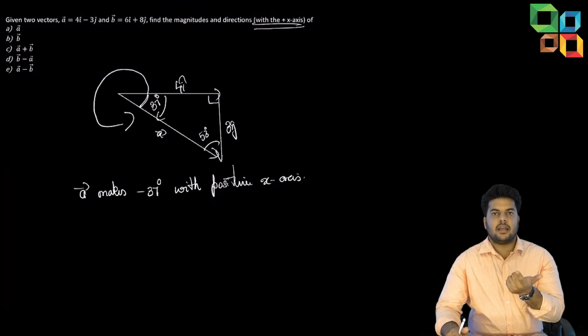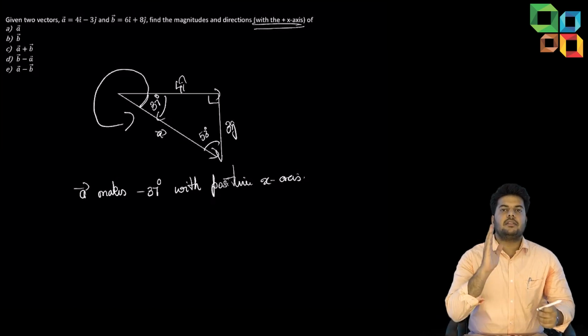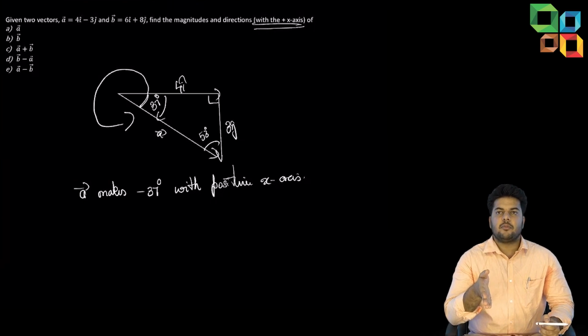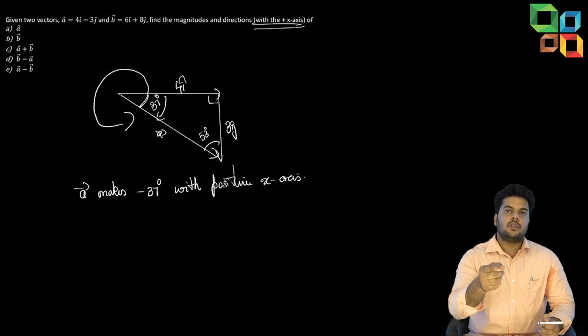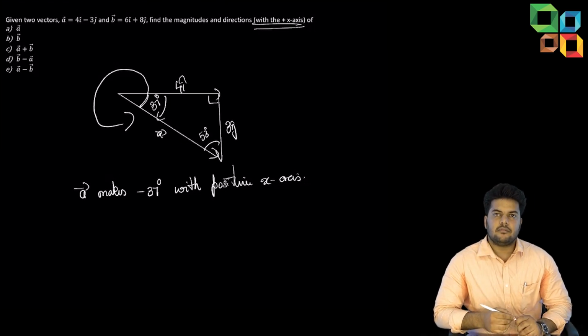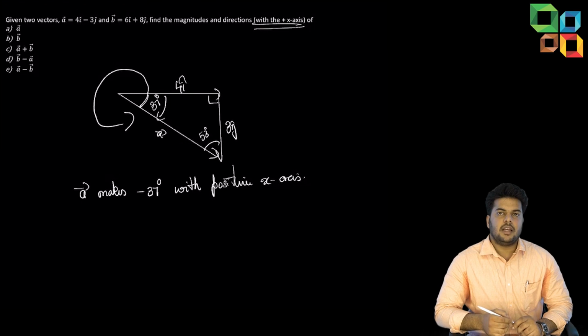It has a magnitude and a direction, isn't it? So if I tell you a vector of 5 units in the direction minus 37 degrees, have I specified the vector properly? I told you the size and the direction also. It's making 37 degrees from the x-axis, so that will tell me the direction of the vector.